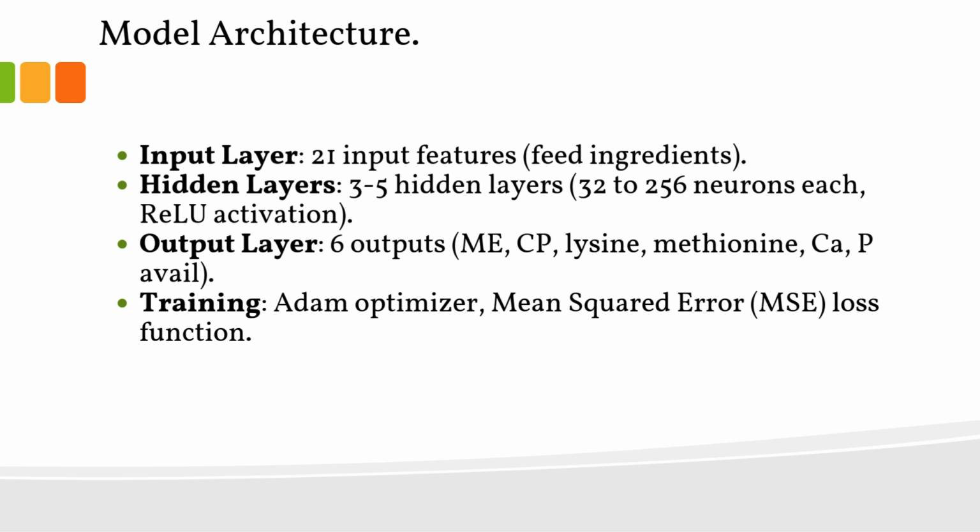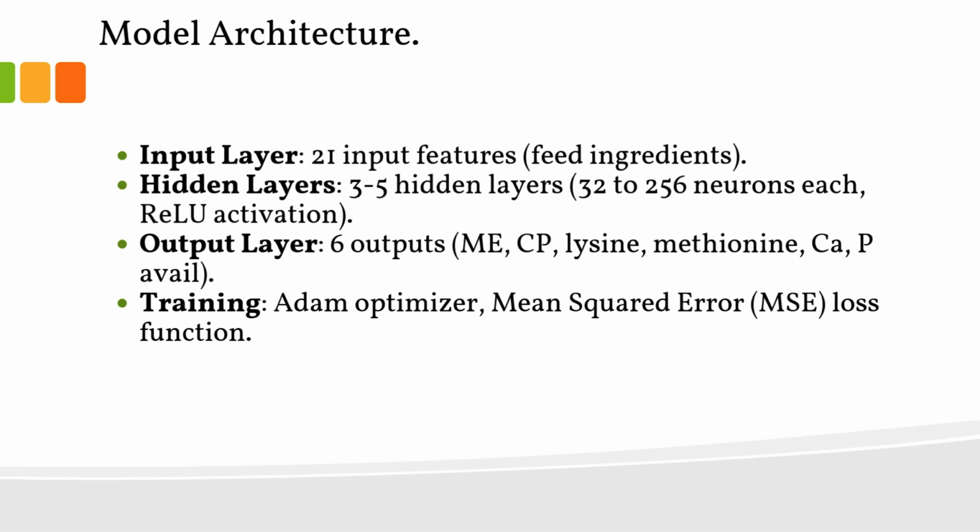Looking at the architecture of our model, it will be broken down into four divisions: the input layer, hidden layers, the output layer, and the training. The input layer comprises 21 input features, which are the ingredients; the dataset has 21 ingredients.